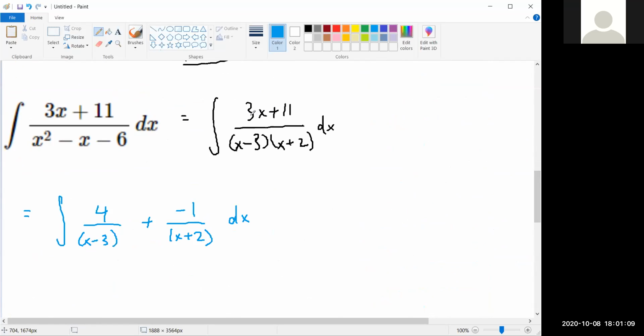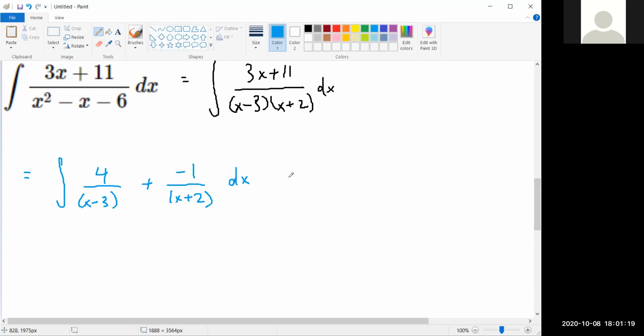All right, so we're pretty much done now. We rewrote the integral as two different fractions, which we can integrate. So who wants to finish this? Well, we already did it, so we know the answer, so never mind. This was 4 ln of, by the way, when you have an ln integral, sometimes it's good practice to put absolute value symbols, because if you remember, the domain of ln is that the input has to be positive.